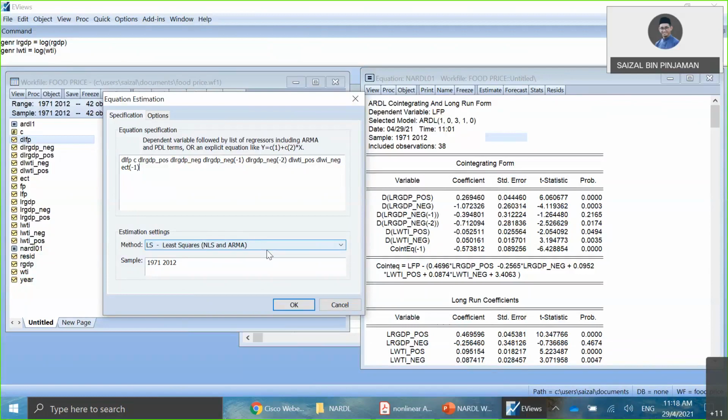So we can run this ECM by using the least squares estimation setting. But before that, make sure we double check that we have everything in the correct shape already and we don't miss any important information. Okay, I think it is clear. We can proceed with this one.